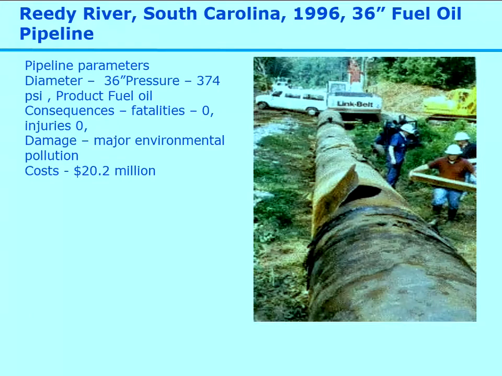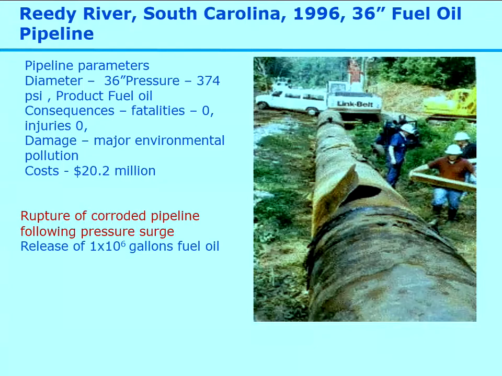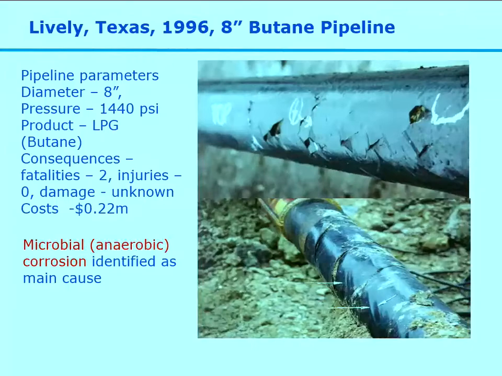The point I really wanted you to put on here, first of all, is that it's microbial corrosion, and look at the state of the coating on the pipeline. Obviously microbial corrosion was possible because of the ground conditions there, but the coating was in a very bad condition, and it had been allowed to deteriorate, so microbial corrosion occurred.